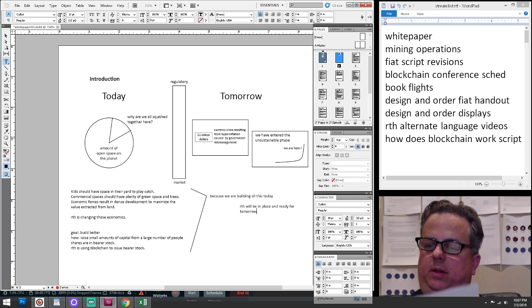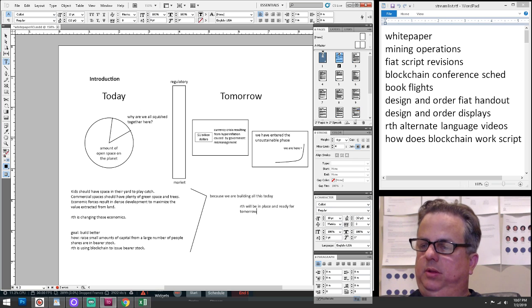We've already built it. We're already building it starting now. So we've already built it, or we're building it starting now. Because we're building all this today, Earth will be in place and ready for tomorrow.